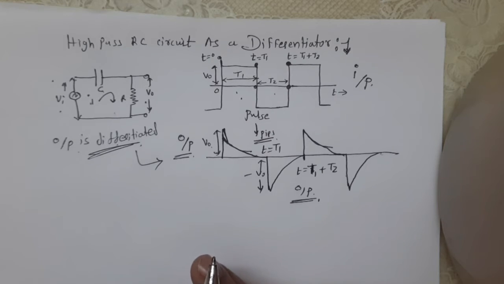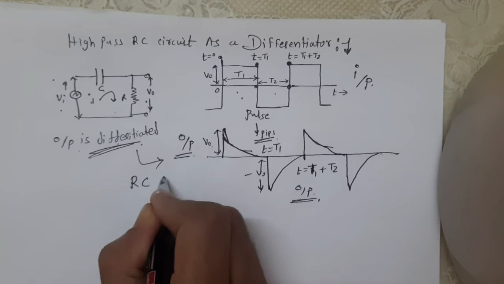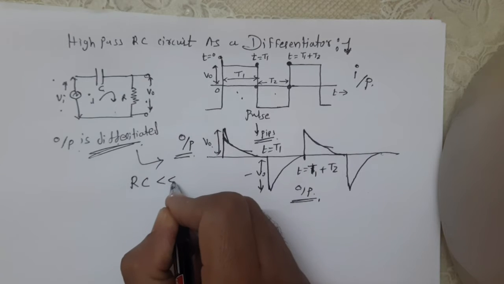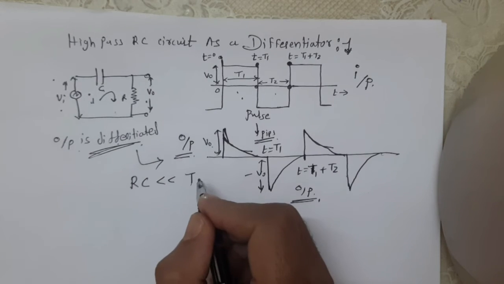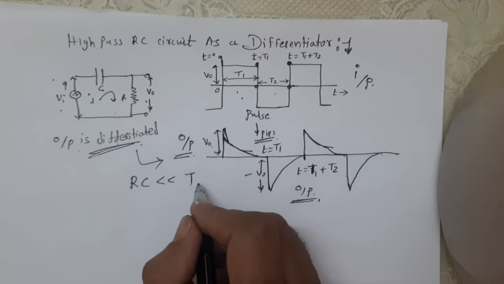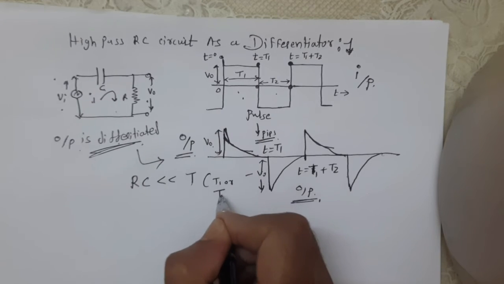Here the condition is that the time constant RC is very much less than the periodic time T, or we can say the half period T1 or T2.